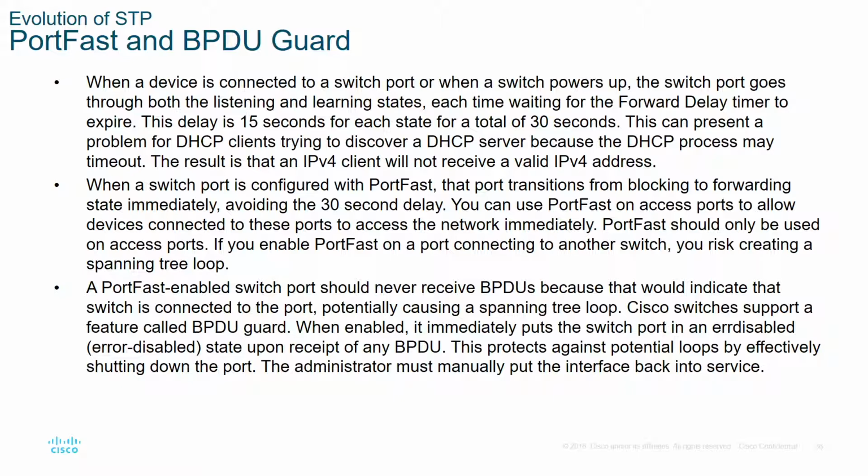The result is that an IP version 4 client may not receive a valid IP version 4 address. When a switch port is configured with PortFast, the port will transition from blocking to forwarding state immediately, avoiding that 30-second delay. So you can use PortFast on access ports to allow devices connected to these ports to access the network immediately.